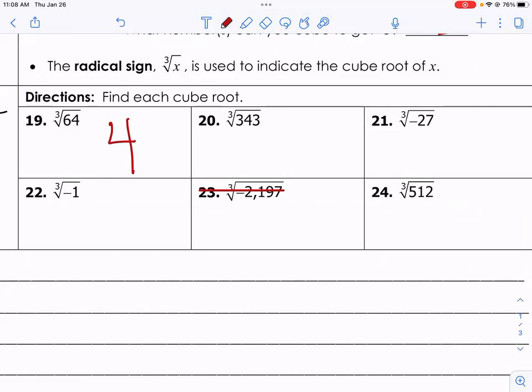That's the only one. Okay, 343. What number to the 3rd power gives us 343? 7.